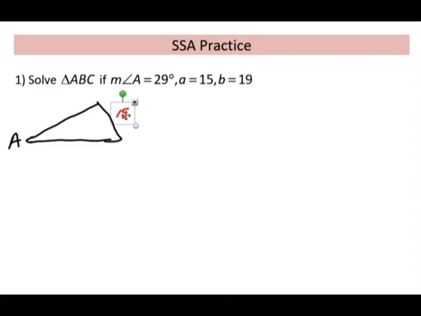This will be 15. And then side B is going to be 19. I'm going to choose this side to be B. So maybe it looks like this, or maybe it's an obtuse triangle, like this.